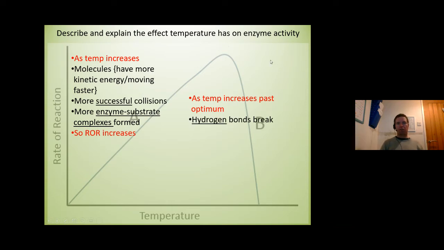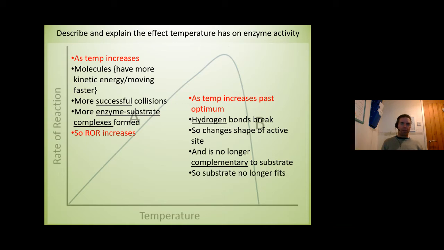Okay, key, we've got to talk about hydrogen bonds. Remember, enzymes are proteins. They're held together by hydrogen, hydrophobic, disulfide, and ionic bonds. It's the hydrogen bonds that break when the temperature gets too high. That causes a change in the shape of the active site, and therefore it is no longer complementary to the substrate. That means the substrate no longer fits, and we can sum that all up as saying the enzyme denatures.